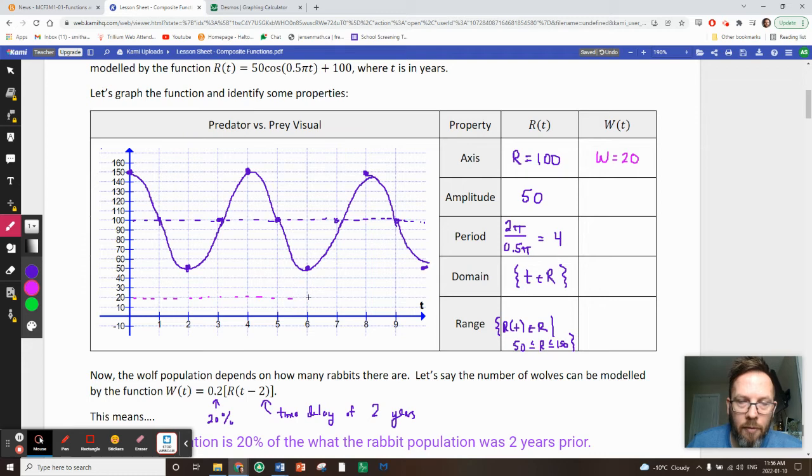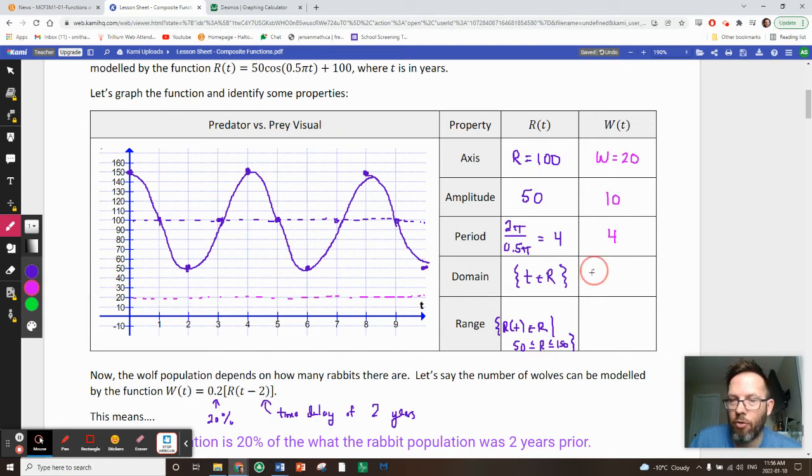Okay, draw on the axis. The amplitude is 10. Again, that makes sense. 20% of the rabbit population. The period is unchanged. The period is also 4.